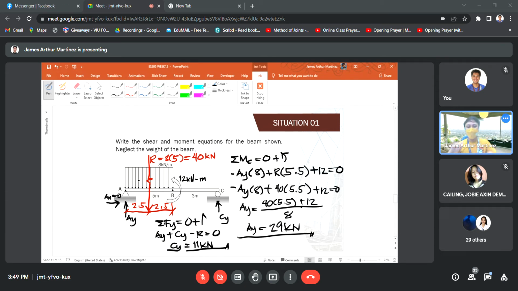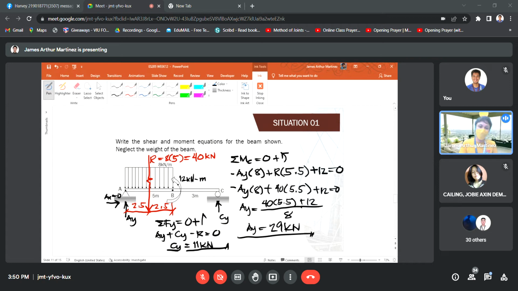Take note of that. A discontinuity is a change in magnitude of your force. Notice, class, that from point A to point B, your force is constant. And then at point B, a moment is applied. Therefore, at point B, there is a change in applied forces and moment at a certain point.